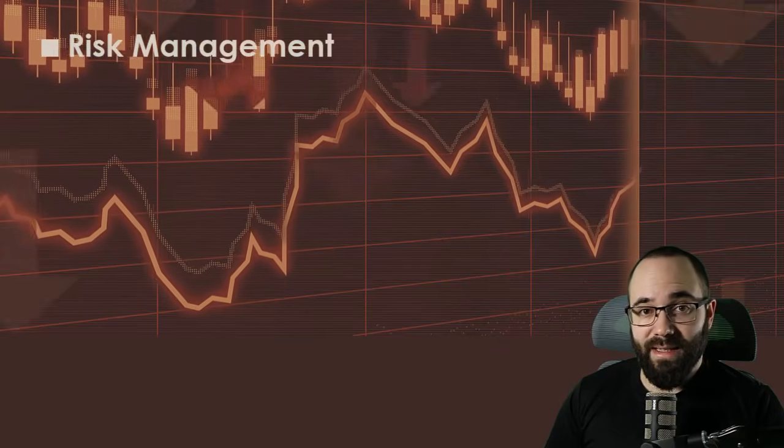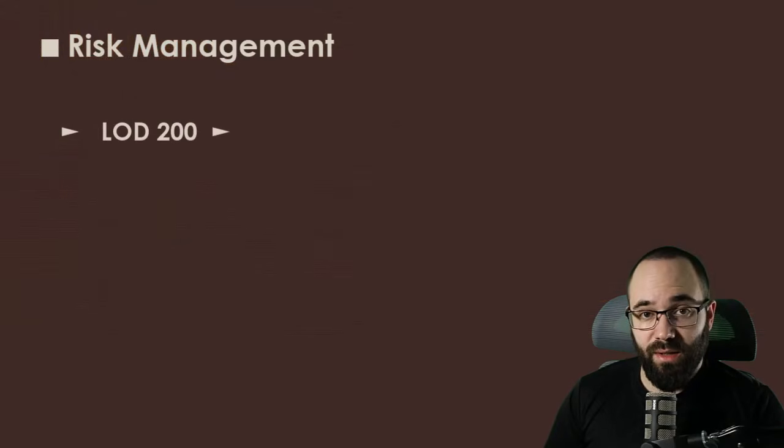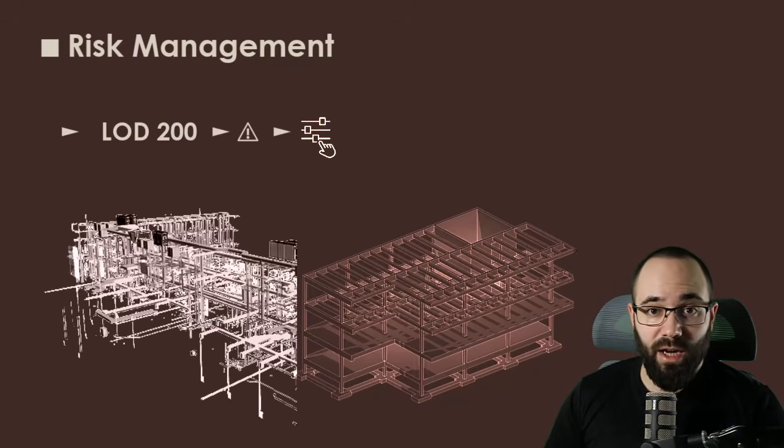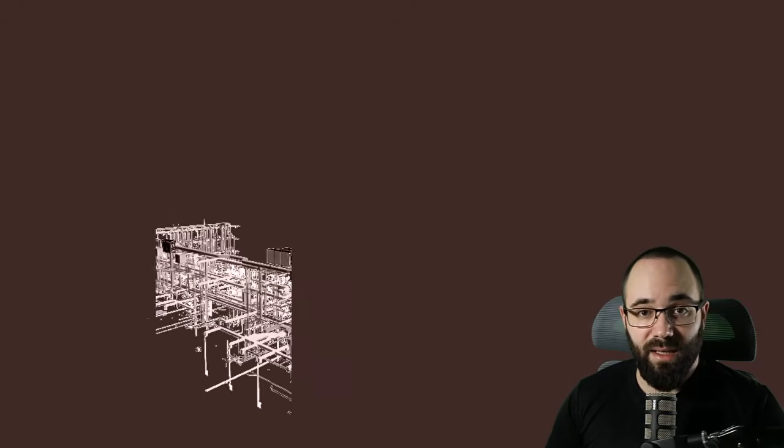Next thing is risk management. Different LODs help identify potential risks at various stages. For example, in LOD 200, you might spot a design conflict between a structural element and an MEP system early, allowing for adjustment before the construction begins.